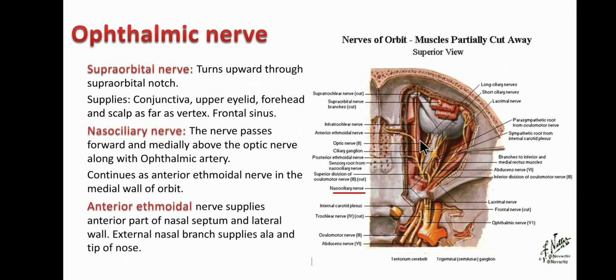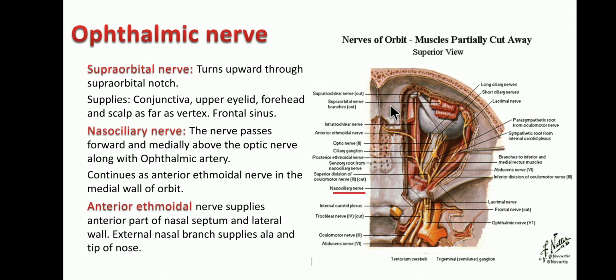In the medial wall of the orbit there is the anterior ethmoidal foramen. Through it, the nerve will pass through the crista galli and then enter the nasal cavity and divide into medial and lateral nasal branches, which supply the anterior part of the nasal septum and also the lateral wall of the nasal cavity.